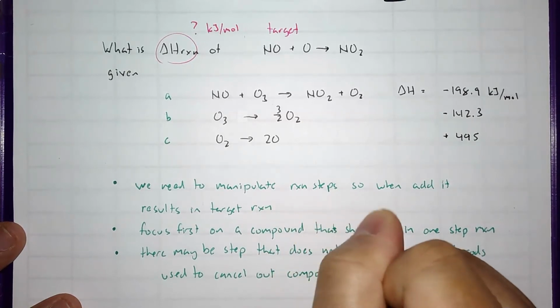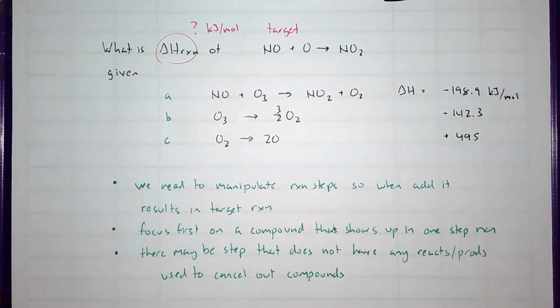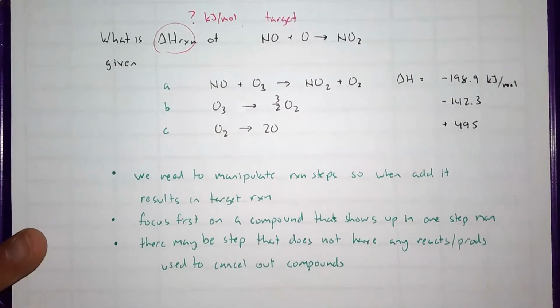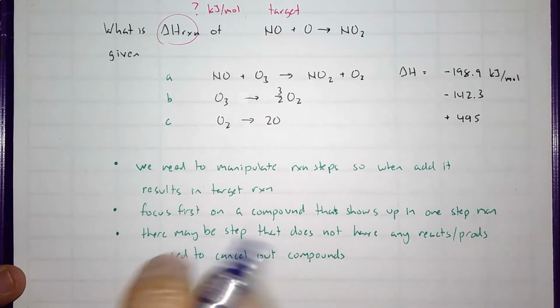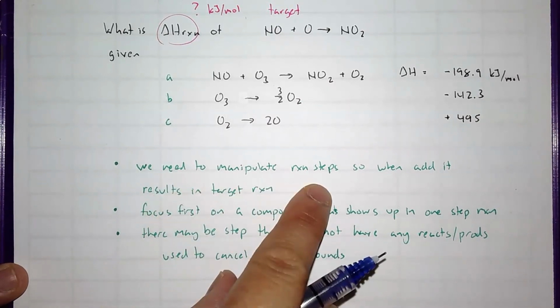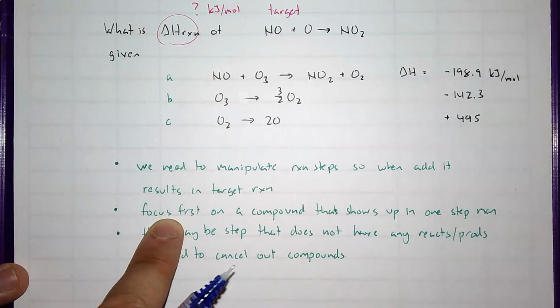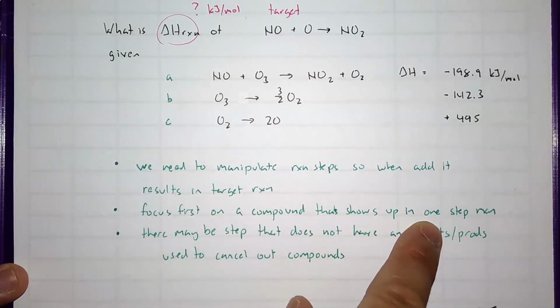Okay, enough setup and enough tips. Let me show you how I would solve this in a hopefully systematic way. Manipulate, here. Focus first on a compound that shows up in one step.